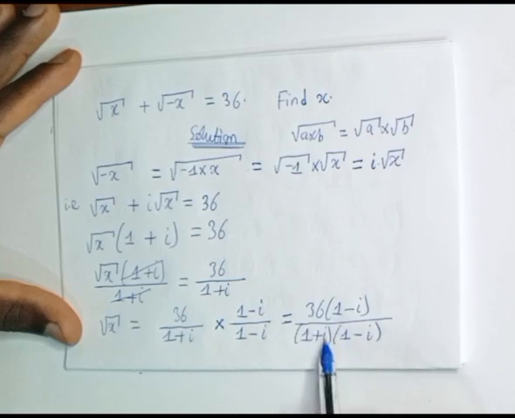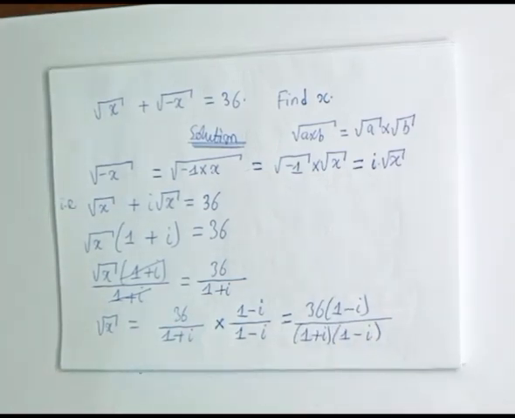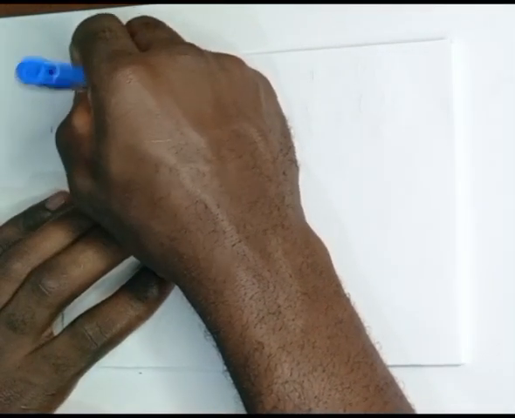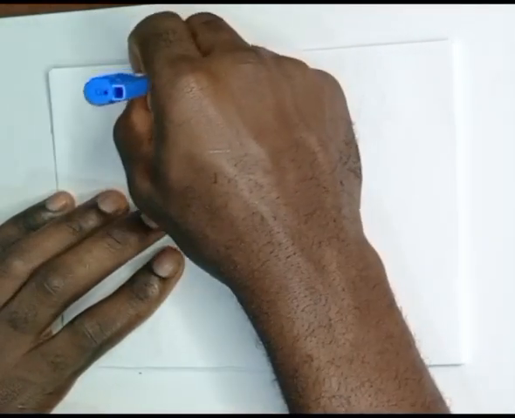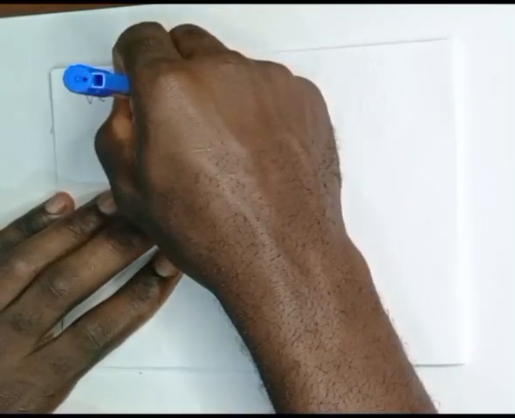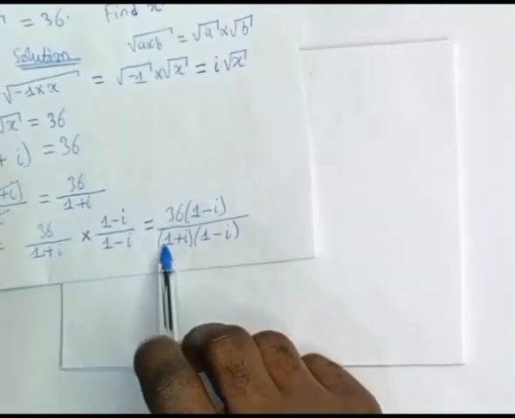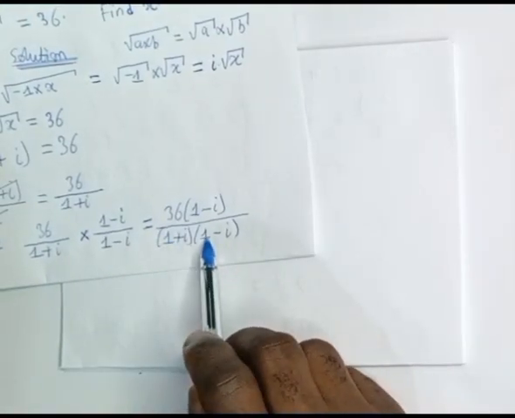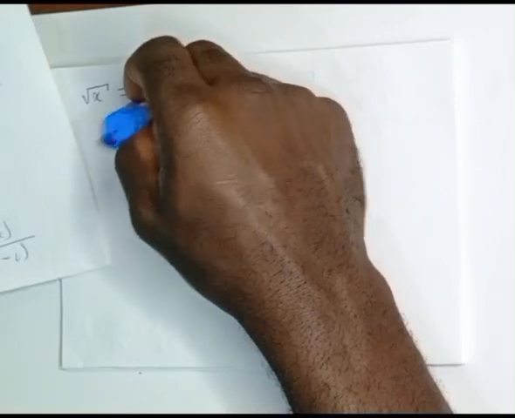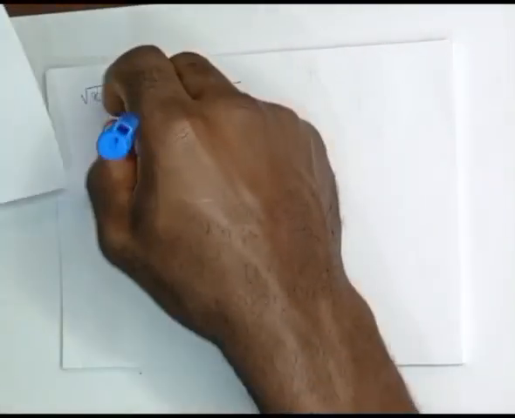We have to expand the brackets. We are going to start by expanding the brackets at the denominator. This will give us root x to be equal to 36 times 1 minus i all over, at the denominator we have to expand these brackets. 1 times 1 gives 1, write down 1. 1 times negative i gives us negative i.